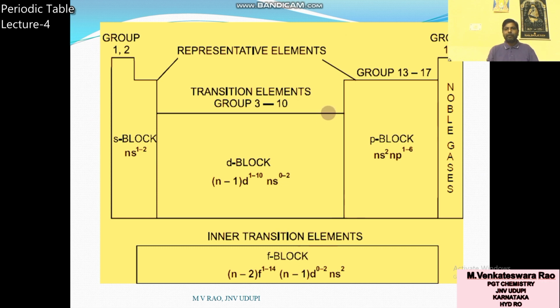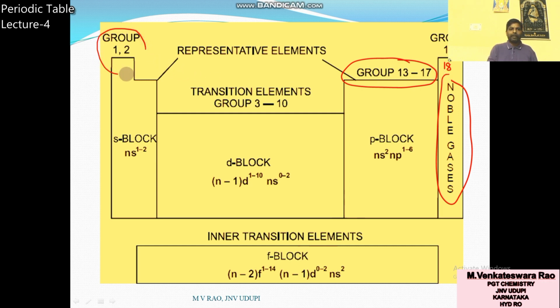So it is the layout of the periodic table. You can see it is the type 1 noble gases, that means group 18 elements. Remaining P block, that means group 13 to 17 along with group 1 and 2, is type 2 representative elements.